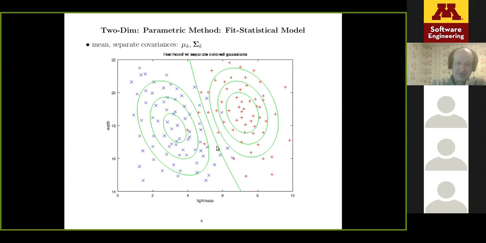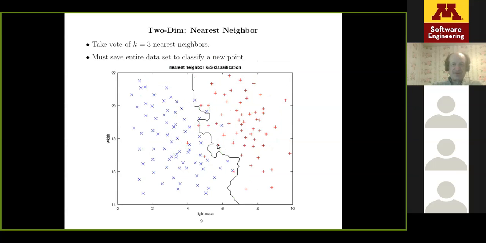I'm not going to go through the math, but if you use a probabilistic model here, it would give you a prediction on the probability of making a mistake. That was an example of a parametric type of classifier where you reduce the data to a few parameters. This is a model.